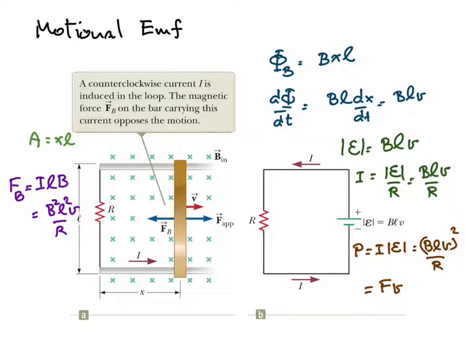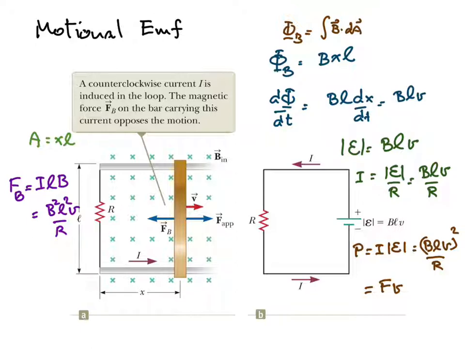Okay, and since the magnetic field points perpendicular to the area of this loop, we can say that the magnetic flux is equal to BXL. In fact, we have discussed this before, that the magnetic flux is the integral of B dot dA.